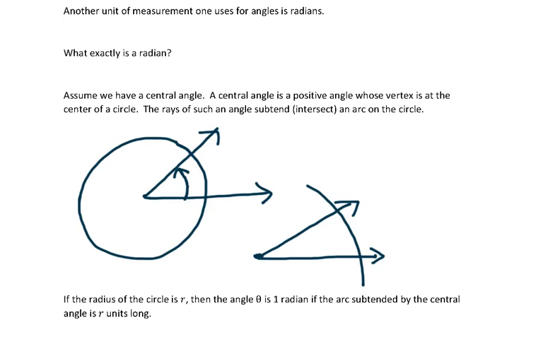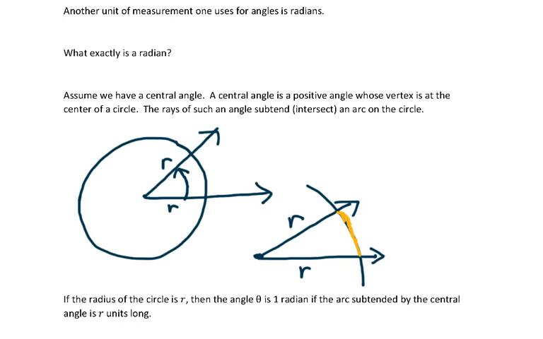And now remember, the vertex is the center of the circle. So the circle has a radius, as you can see down here, I'm calling it R. So let me label that. So this is R, okay? Now, what I'm going to do is let S be the length of this arc that we formed.